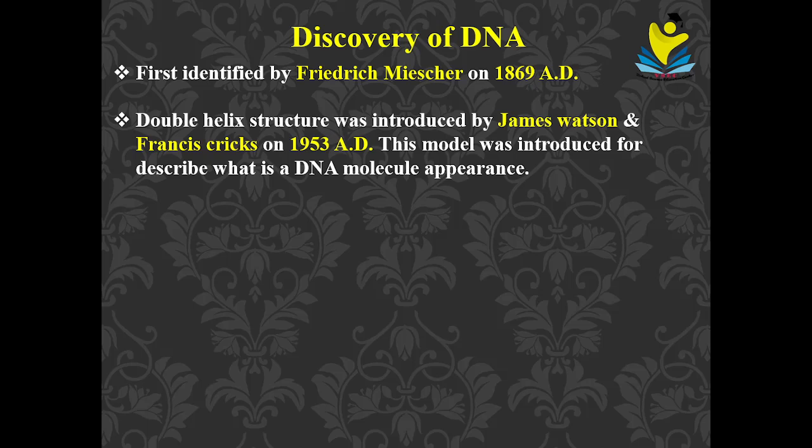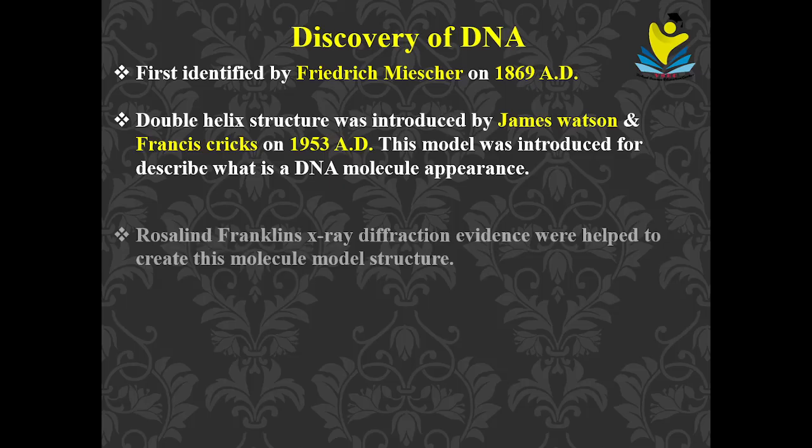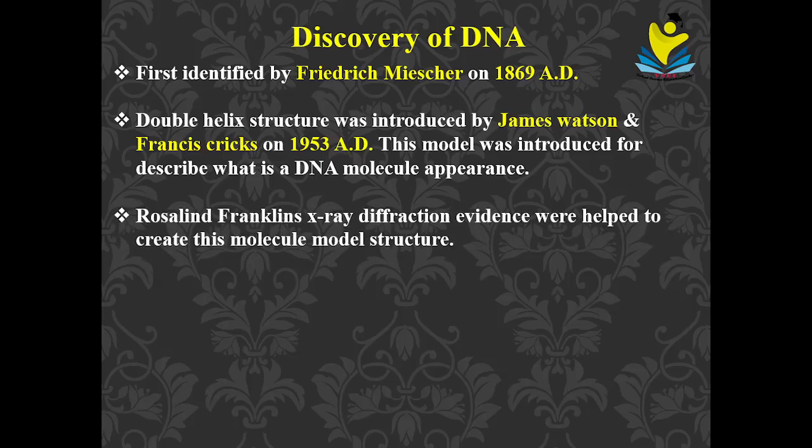This model was introduced to describe what a DNA molecule looks like. Rosalind Franklin's X-ray diffraction evidence helped to create this molecular model. Okay, let's go to the next slide.